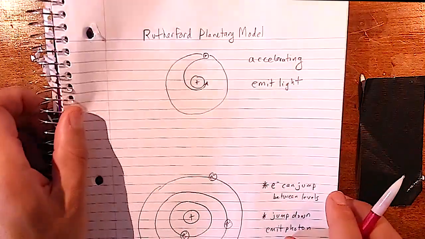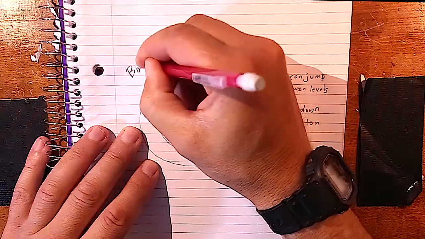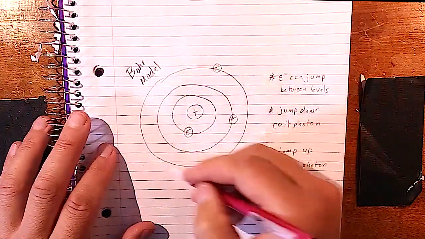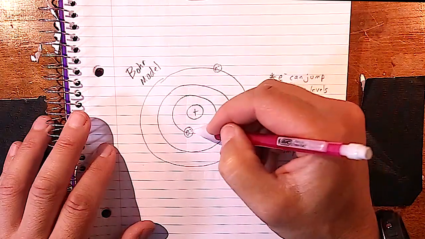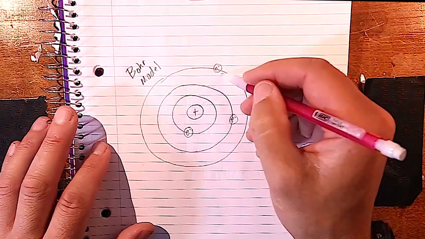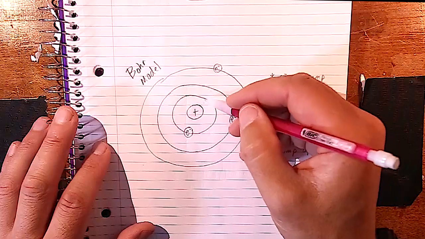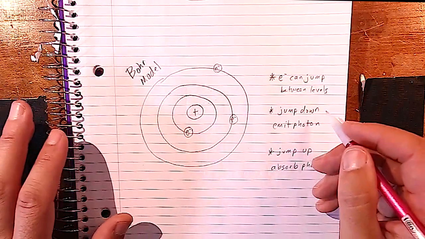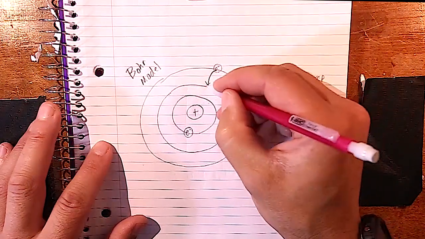So Bohr came along with an explanation for this. And this is the Bohr model. What he said is maybe the electrons aren't orbiting, maybe they're hanging out in different levels. So they're in these, if you learn in chemistry, shells. They're sort of hanging out in these different positions from the nucleus. And he said that the electrons can jump between levels.